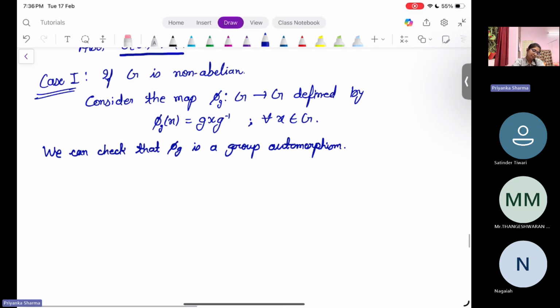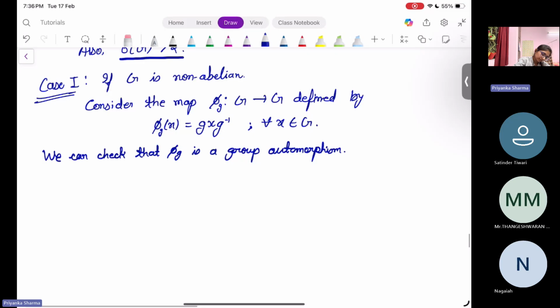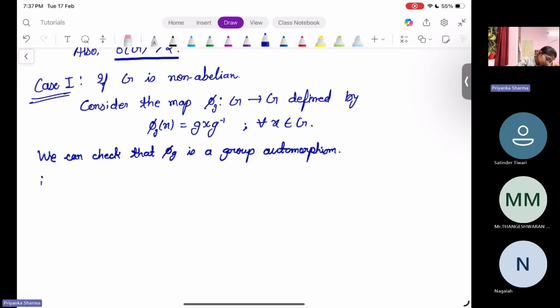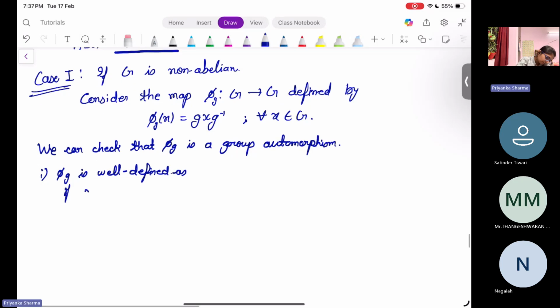When will you say a map to be a group automorphism? This must be a well-defined map. This is 1-1, onto and a group homomorphism. Okay. So phi g is well-defined as if you have x equals to y in G, then gxg inverse is gyg inverse.